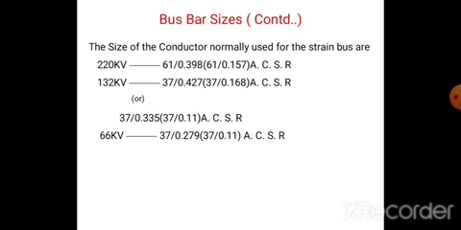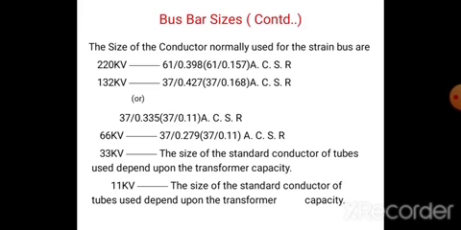And the bus bar size. The size of the conductor normally used for strain bus bars for a 220 kV line is 61 by 0.398 aluminum conductor steel reinforced. Next, for a 132 kV line, it is 37 by 0.427 aluminum conductor steel reinforced.